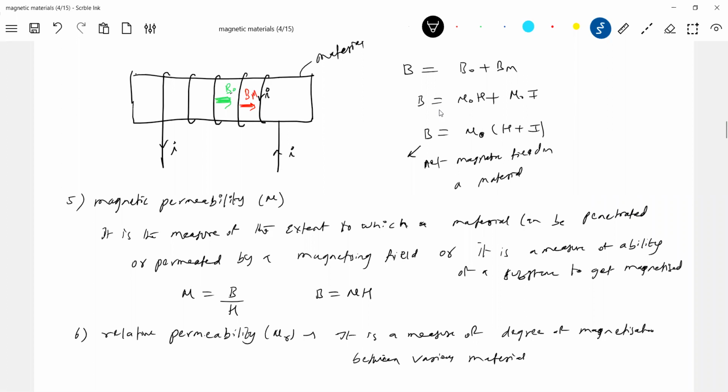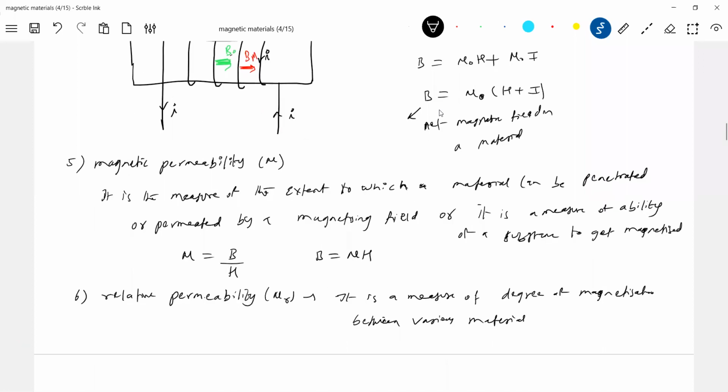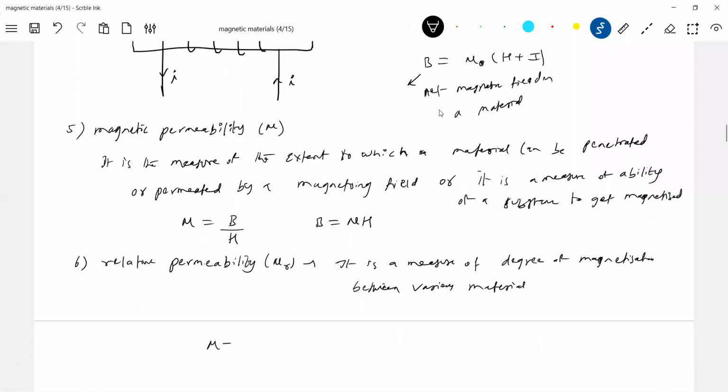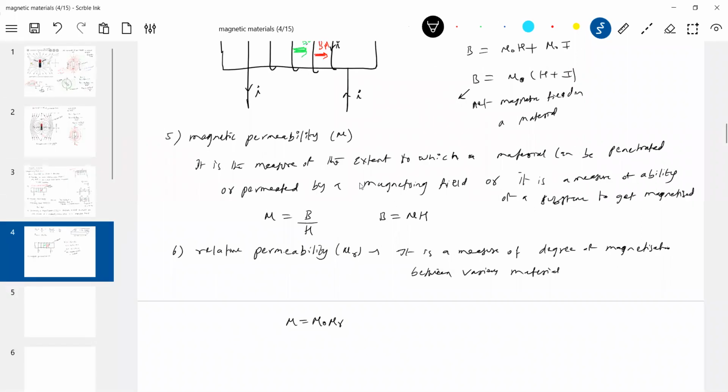Compared to iron, what about copper? So whom should I take as reference? It's a measure of the degree of magnetization between various metals. The reference is free space. So for that purpose, mu is written as mu naught into mu r. I think you got the exact picture now.